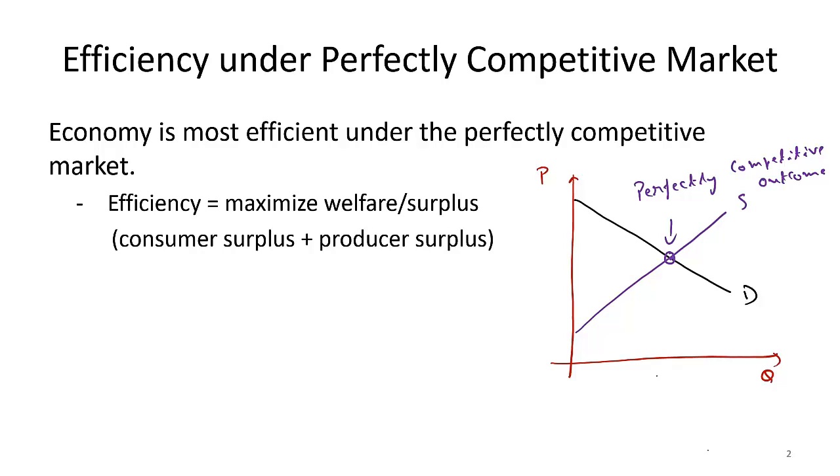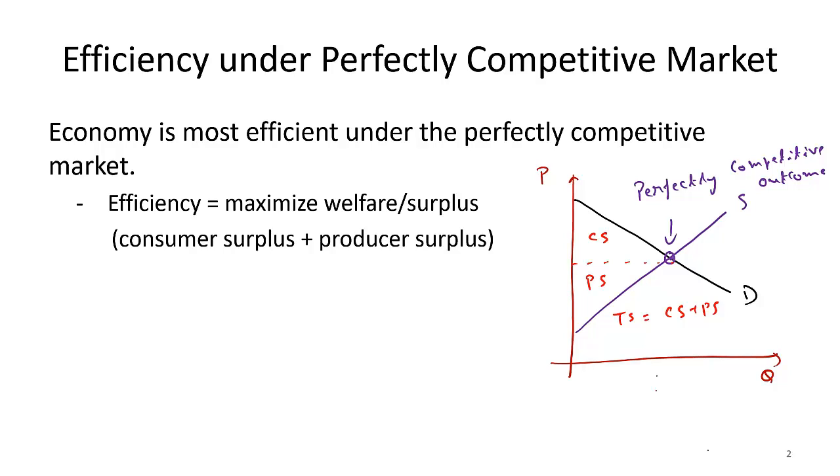And at this point, this is your consumer surplus, and this bottom triangle is your producer surplus, and total surplus, consumer surplus plus producer surplus, is maximized under a perfectly competitive market.